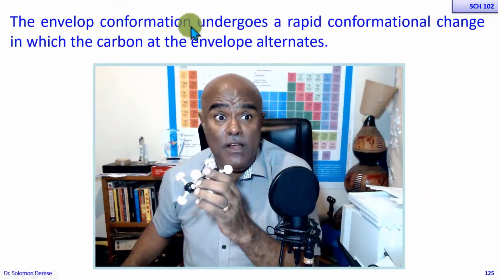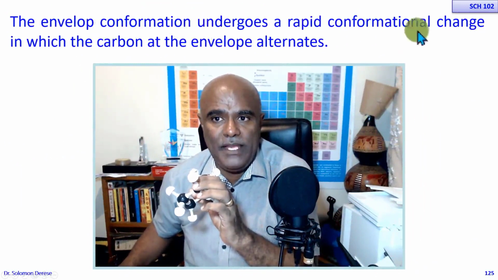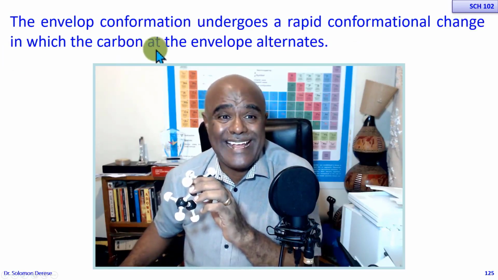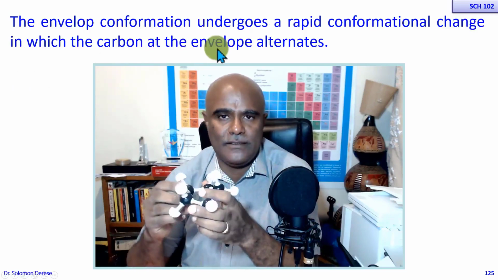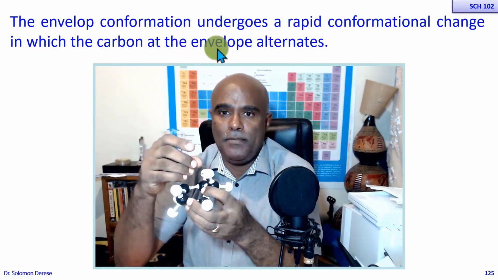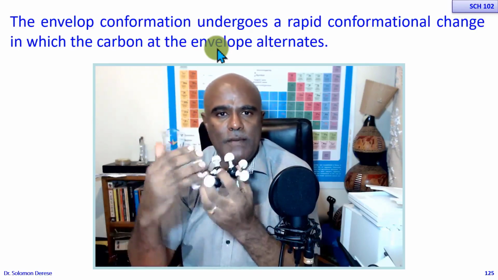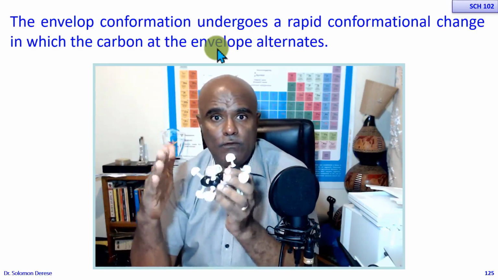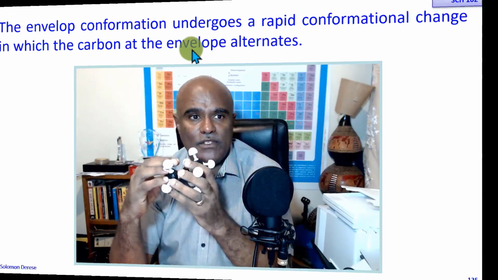So the envelope conformation undergoes a rapid conformational change in which the carbon at the envelope alternates. This one can come up, or this one can come up, or that one can come up. Any of them can come up. So as a result, we have a rapid conformational change in the envelope conformation.